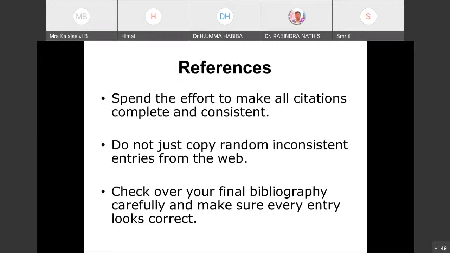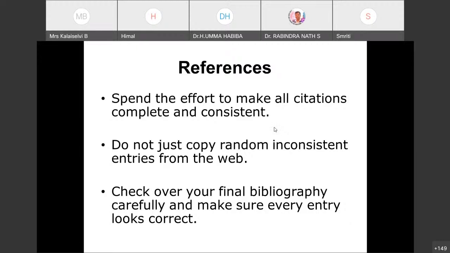So then references also should be included, and it depends on whether it's a journal or a conference paper, right? Normally in a full paper, you will have about 30, 40, 50 references, and in a conference paper, maybe up to 15 to 20 references and so on.